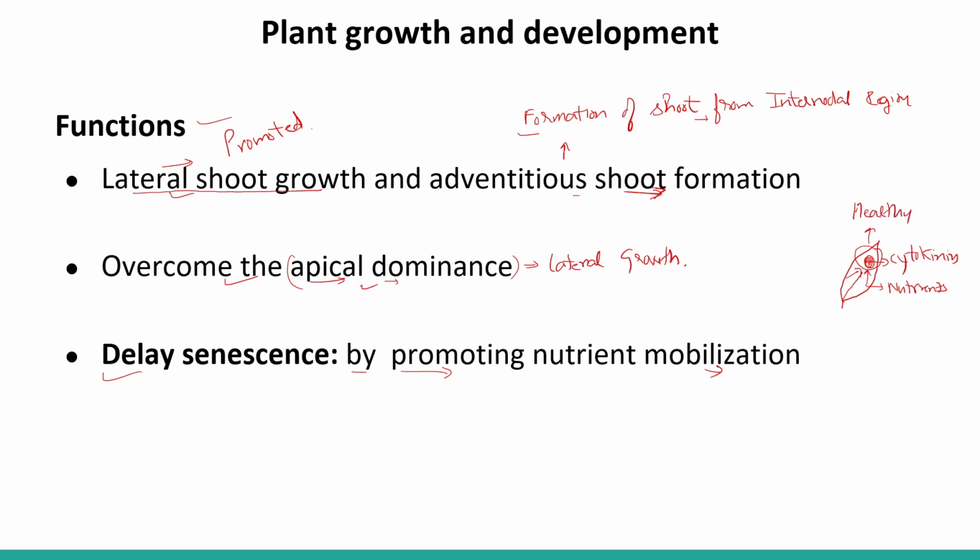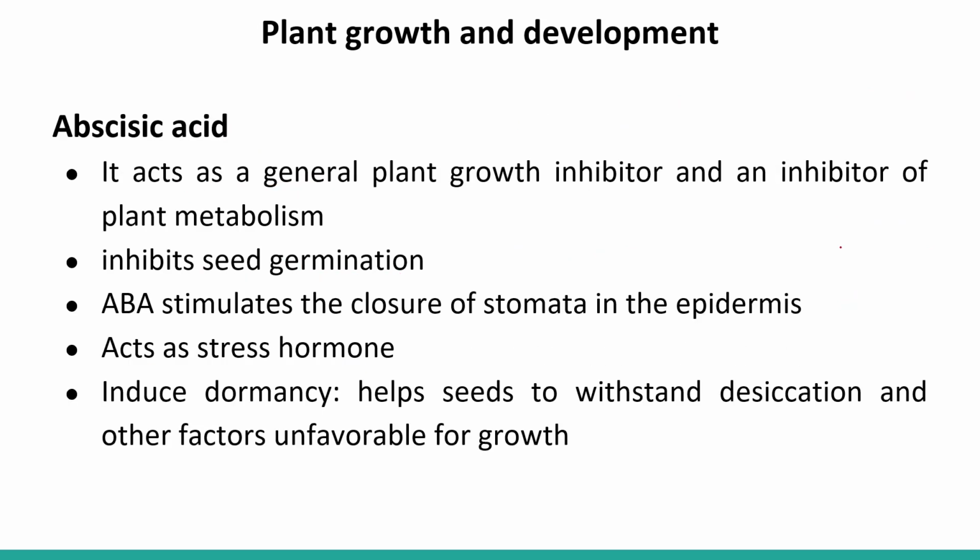There will be no deterioration of the chloroplast and chlorophyll. I've already told you what happens during senescence: oxidative damage, photosynthetic apparatus degradation, chlorophyll degradation. Here, cytokinin will reverse all the effects, and it will delay senescence.